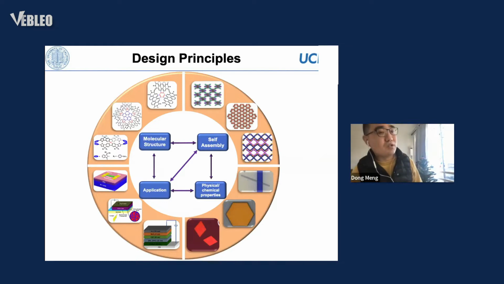Before we design pi-conjugated molecules, we must first understand the original design principles. First, we must select better molecule systems, which help with better conjugated configurations, so we can modify the molecular structure and then achieve different assembly structures.